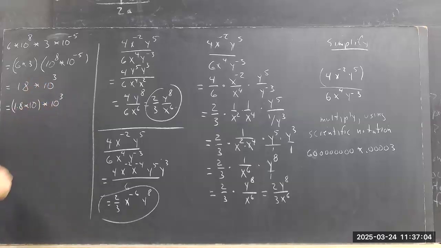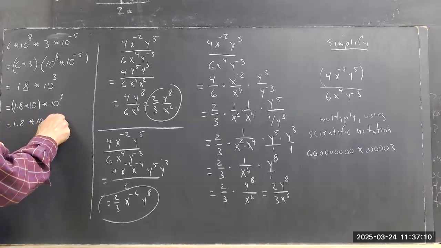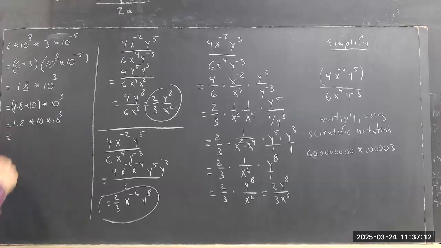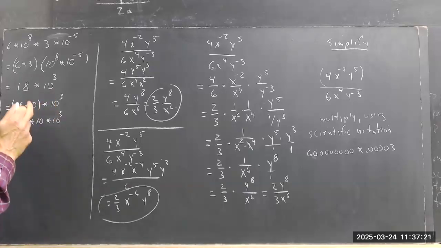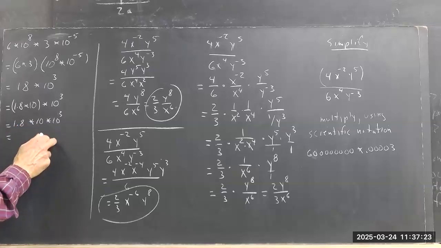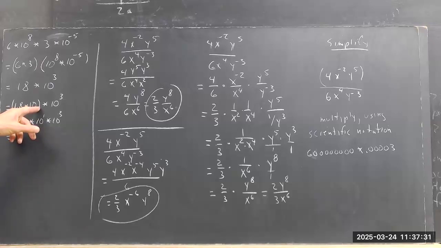And you still have your 10 to the 3rd. And then you've got to understand that 10 times 10 to the 3rd is 10 to the 4th. Because 10 to the 3rd means 10 times 10 times 10. Get another 10, you got 10 times 10 times 10 times 10. If you want to think of adding the exponents, you could remind yourself that 10 is the same as 10 to the 1, and you add your exponents.